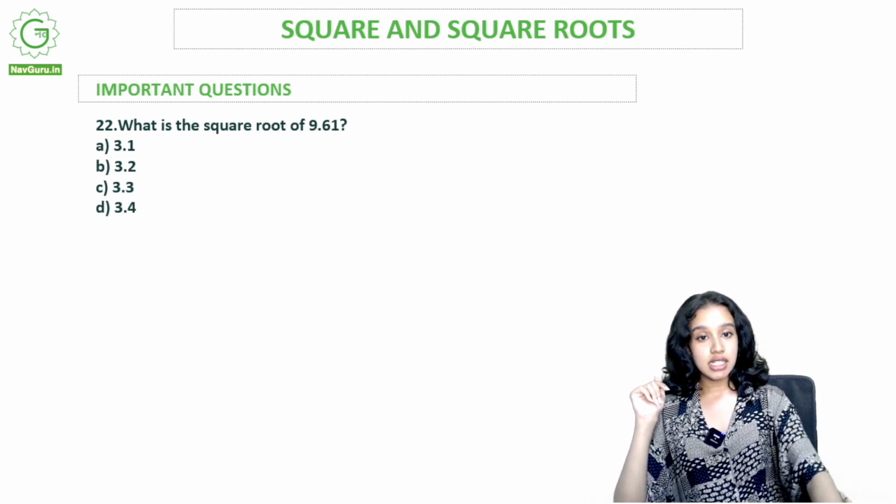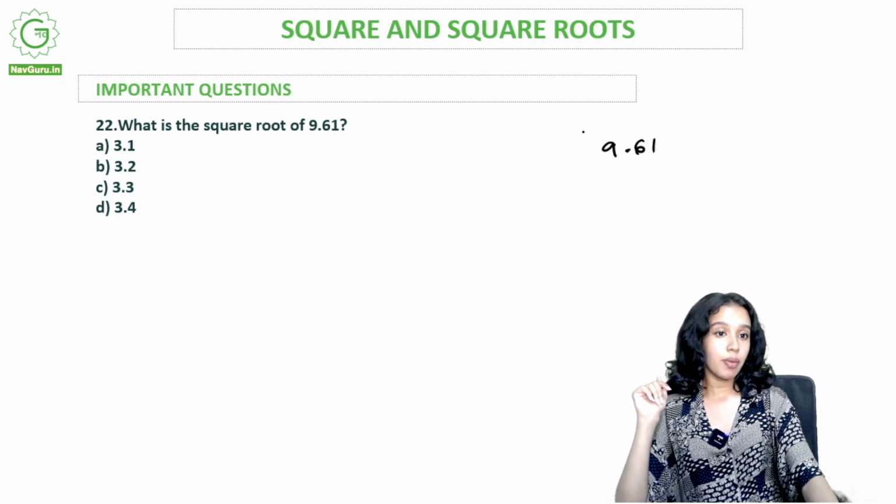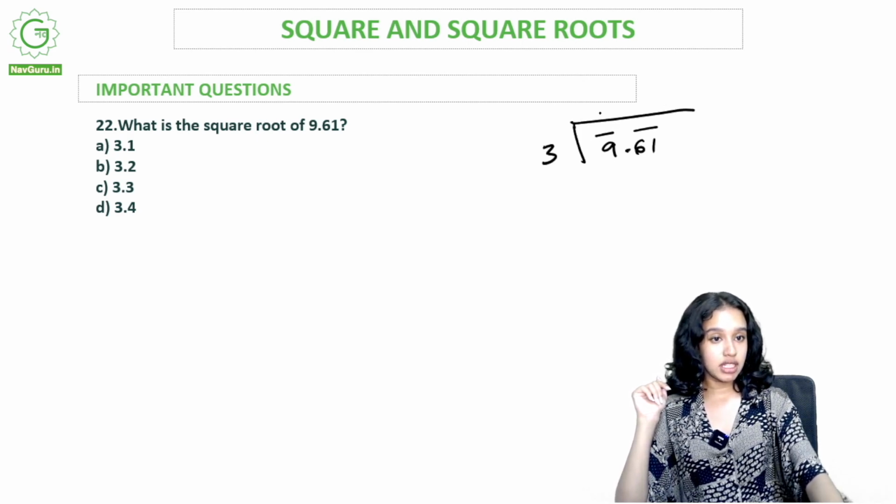So let's see what is 9.61 by long division method. 61 and we have 9. So we have 3 here, 3 here, 3 3s are 9.